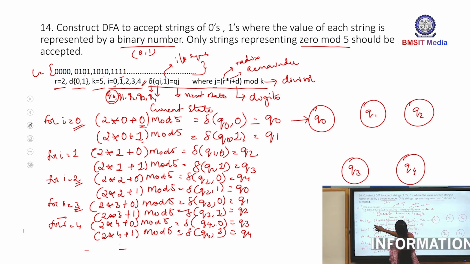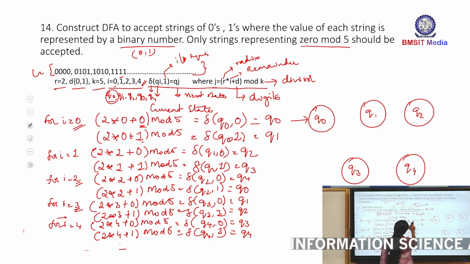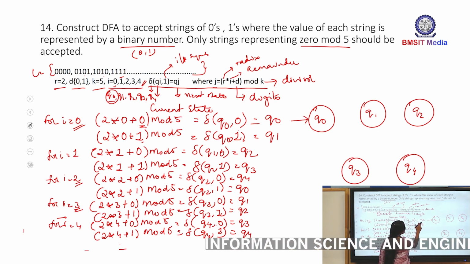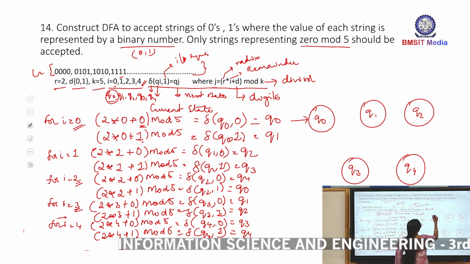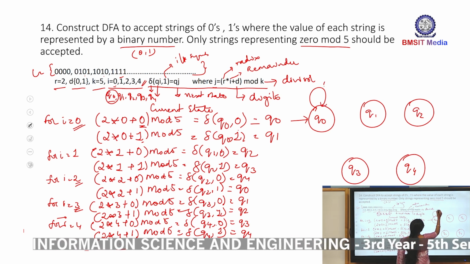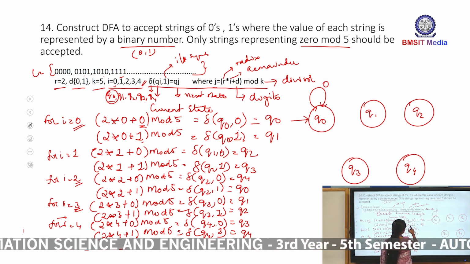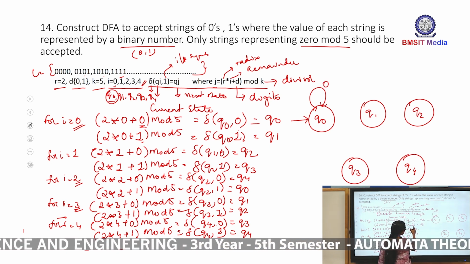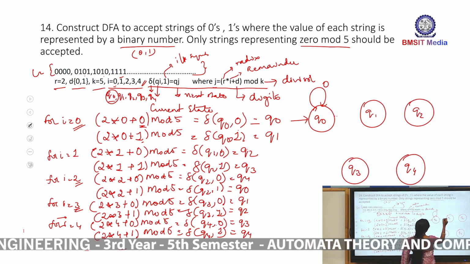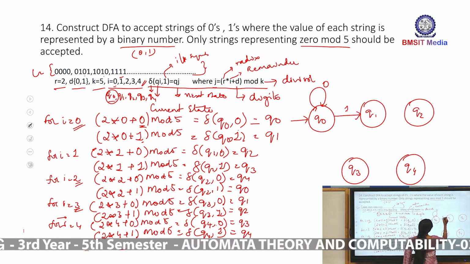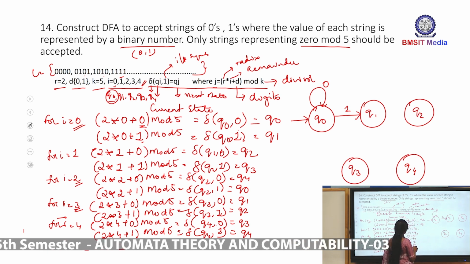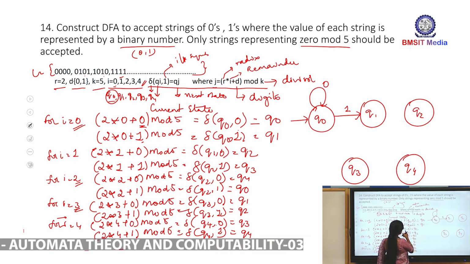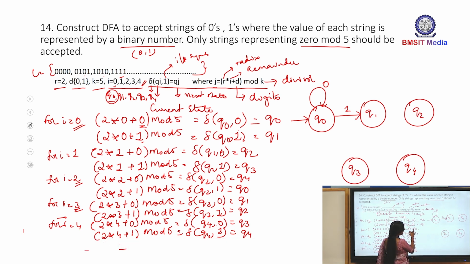Starting with Q0, on accepting a 0, it stays in the same state, Q0. Q0 on accepting a 1 makes a transition to Q1. Now my current state is Q1. On seeing a 0, it makes a transition to Q2.